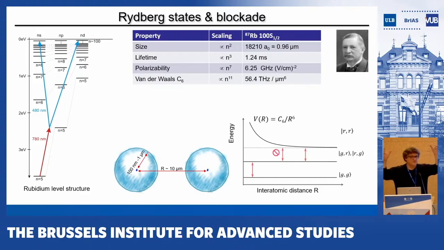If we take two such Rydberg atoms and bring them to this highly excited state, we have these van der Waals forces suddenly on distances of multiple microns, tens of microns, of significant strengths that we can measure and use in experiments. This is shown in this conceptual graph for two atoms. If we have two atoms in the ground state, they completely ignore each other. Even if we excite one atom to the Rydberg state, they still completely ignore each other. But if we excite two atoms to the Rydberg state, then we see this strong van der Waals interaction if we move them closer. And we can turn this around.